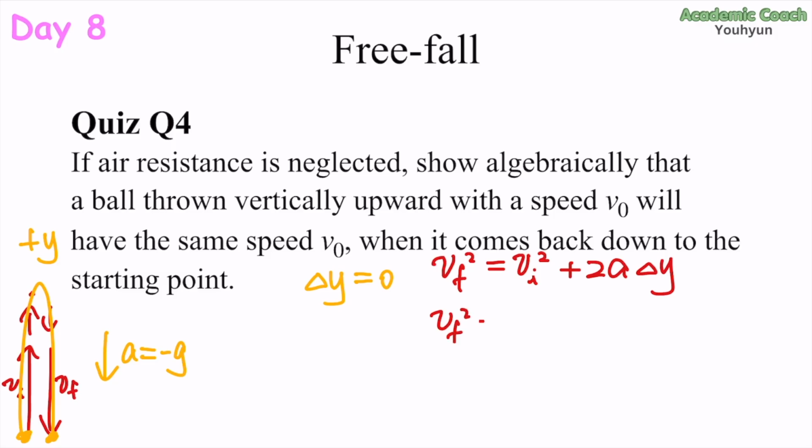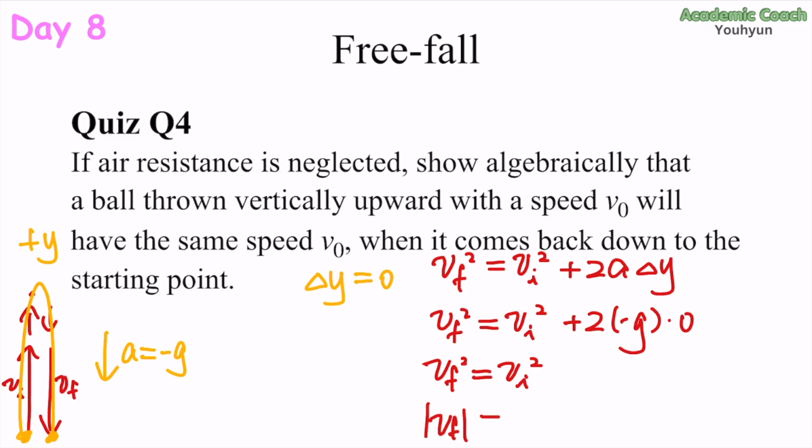So V final squared is equal to V initial squared plus 2 times negative g times 0. This means V final squared is equal to V initial squared. So we can show that V final and V initial have the same magnitude. Absolute value of V final is equal to absolute value of V initial.